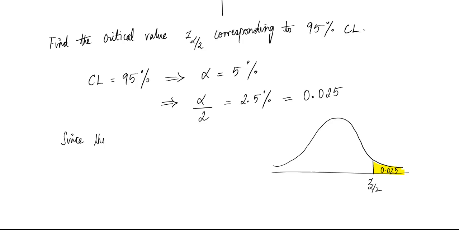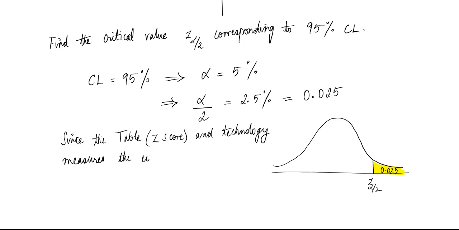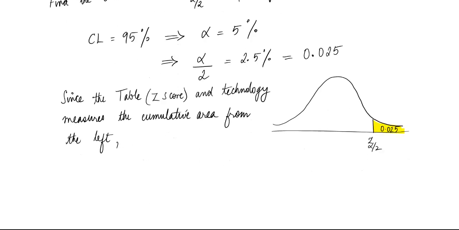Since the z-score tables, and technology in this case, measure the cumulative area from the left, we use 1 minus 0.025 to find the cumulative area from the left, which is 0.975.